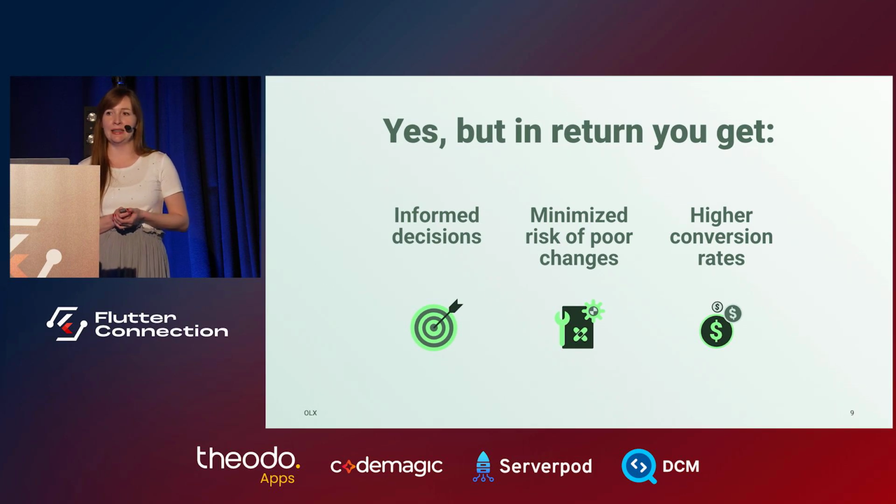So automatically, this saves you from making poor changes, because even if your change turns out not to be so great, you can just finish the experiment, say, okay, that was not a success, let's roll the better version to all the users. And ultimately, you should be able to reach higher conversion rates because you are able to fine-tune specific parts or flows of your application that you care about most.